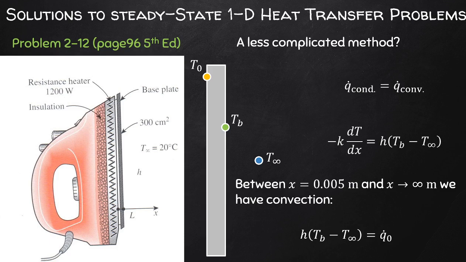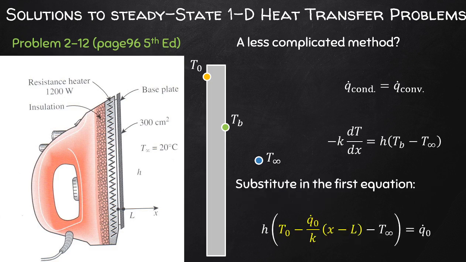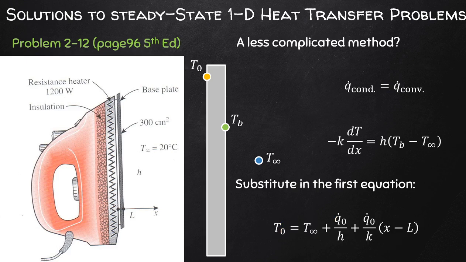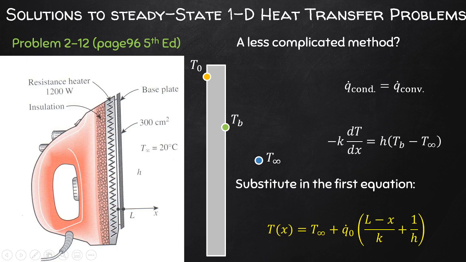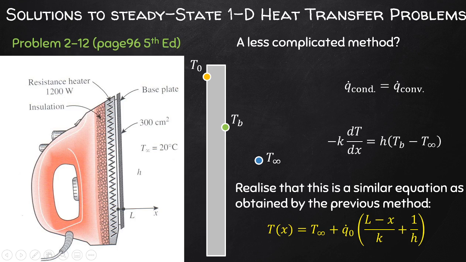Since we have an expression for TB already, as shown here, we can substitute in this expression for TB. So we end up with the following equation, and on simplification we obtain the following, which can then be rewritten as follows. And realize that this expression is the same expression as we obtained previously using the other method of derivation.